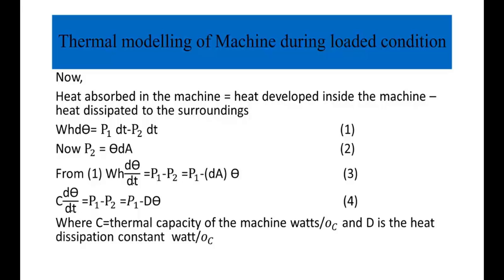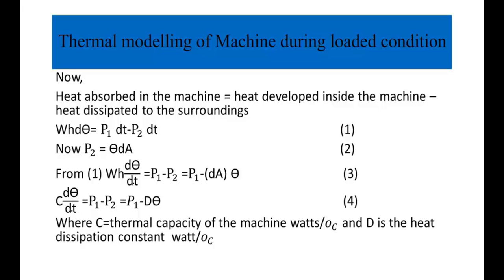Heat absorbed in the machine is equal to W into H into d theta, where H is the specific heat of consumption, W is the weight of the active parts of the machine in kg, and d theta is the rise in temperature in time dt. Heat developed inside the machine is equal to P1 into dt, because P1 is heat developed in joule per second, minus P2 into dt, where P2 is heat dissipated to the surroundings in joule per second. So we have this expression, equation number 1.